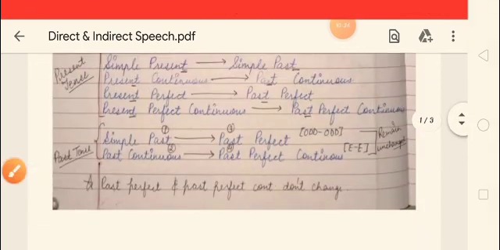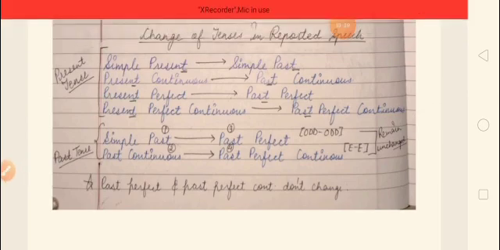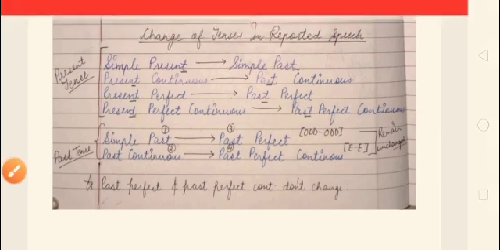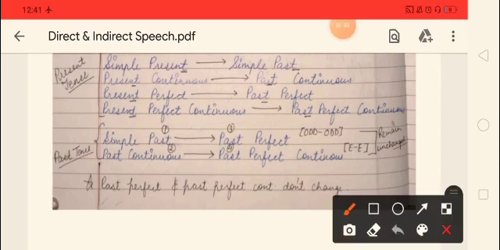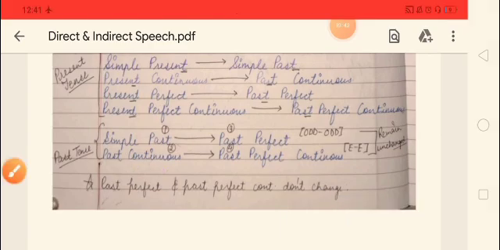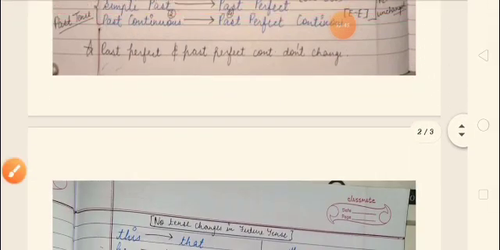In the same way, if your indirect speech sentence is in past perfect continuous tense, and you have to transform it into direct speech, then this reported speech will be made to past continuous while transforming from indirect speech to direct speech.